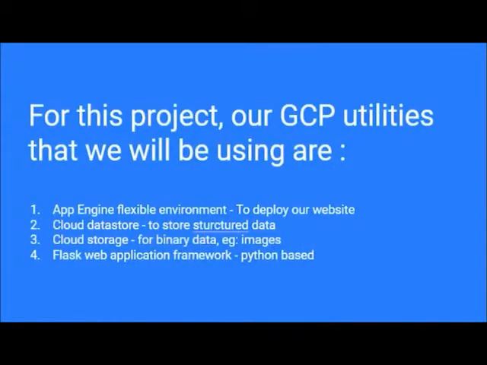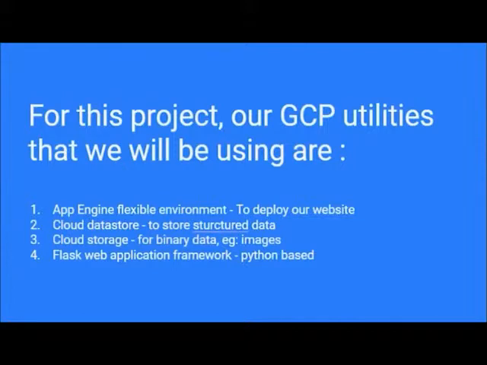Okay, so for this project, the Google Cloud Platform utilities that we will be using are: first is the App Engine Flexible Environment. The function of the App Engine Flexible Environment is to deploy our website.